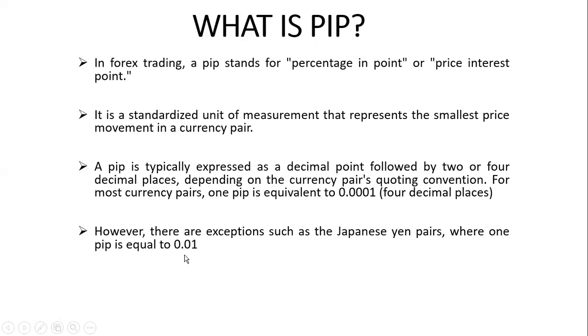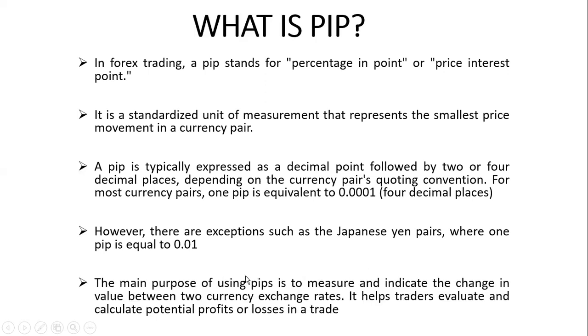Any movement that occurs by 0.01 is 1 PIP movement. But when you take the other currency pairs, we deal with them in 4 decimal places. We have other exceptions like gold and oil that are traded, and their PIP movement is different from this.